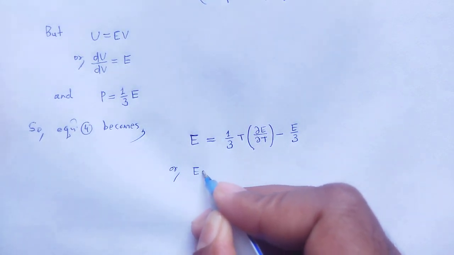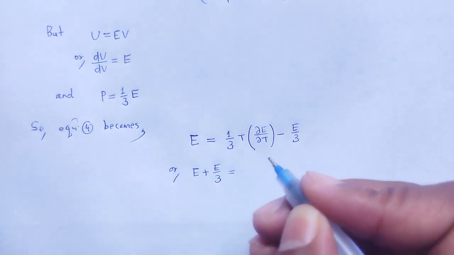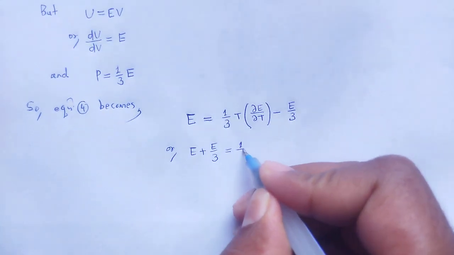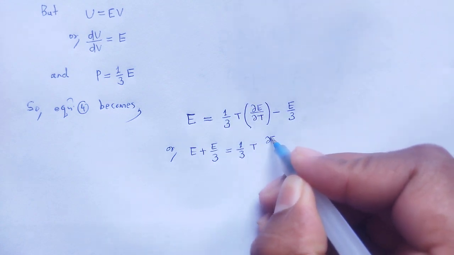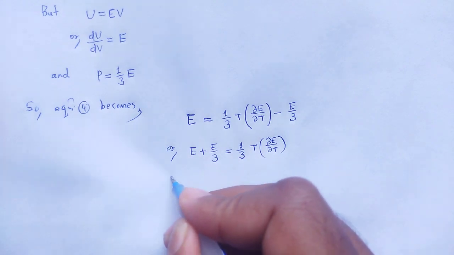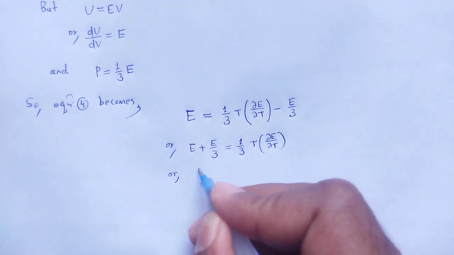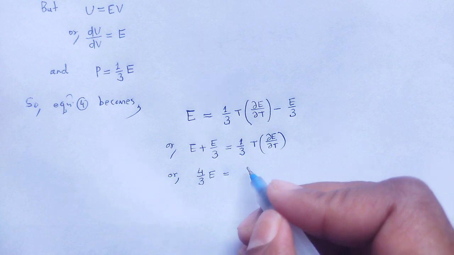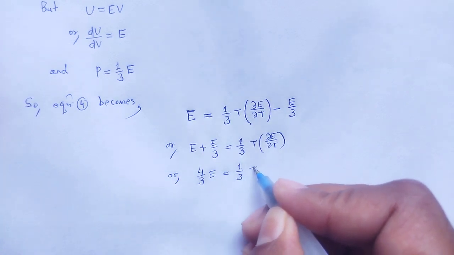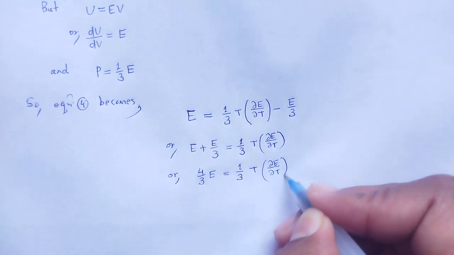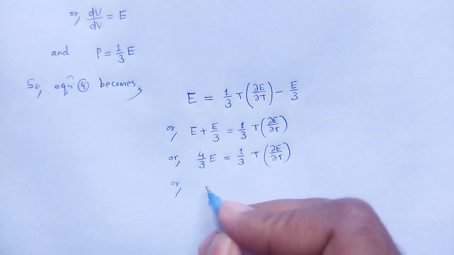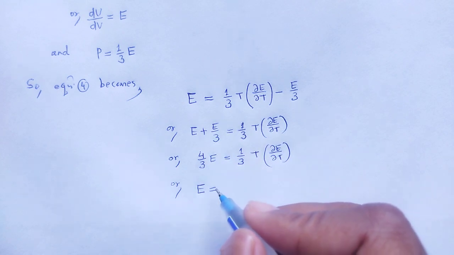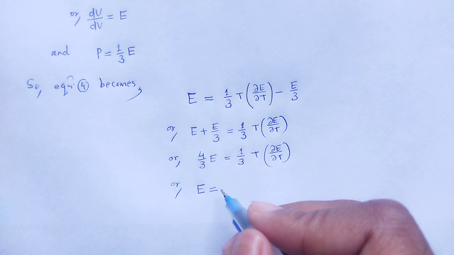Therefore E plus E/3 is equal to 1/3 T ∂E/∂T, that is 4/3 E, which is equal to 1/3 T ∂E/∂T. The 3 cancels out.